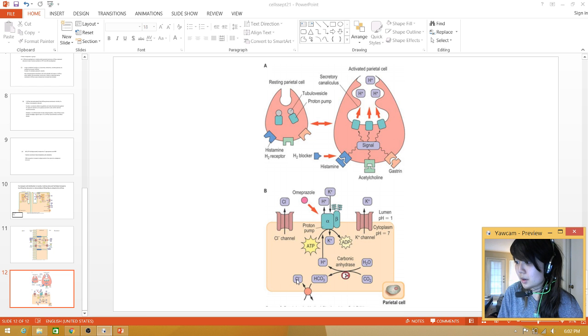So this chloride is going to move through a chloride channel seen right here out of the cell. Then the extracellular chloride is going to meet with the proton that was initially pumped out right here, and they're going to combine to form HCl, or hydrochloric acid. And as we all know, hydrochloric acid is the acid that we're going to find in the stomach.